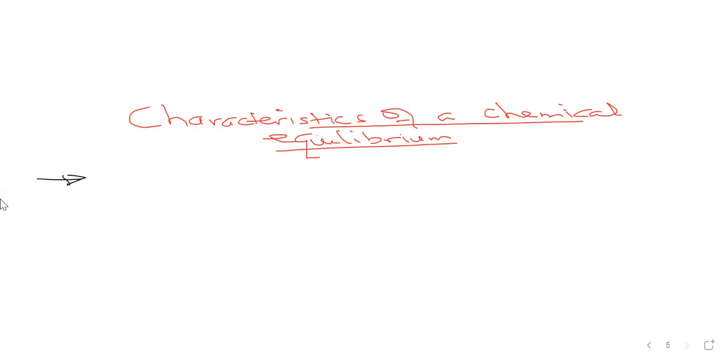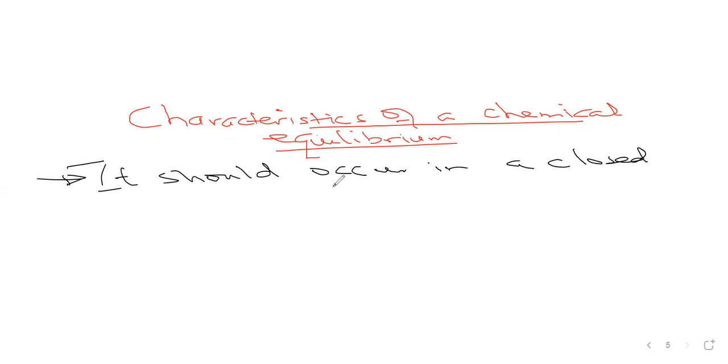One is that it should occur in a closed system. A chemical equilibrium does not occur in the open. And remember, in our phase equilibrium, we found what we call a system.